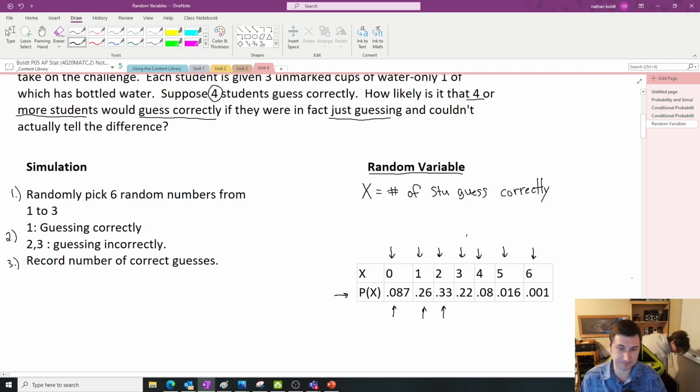Now, where do those numbers come from? You can't get there yet. I was able to calculate those numbers using what's called the binomial theorem. We'll get there in section 6.3, I do believe. But what we call this whole table is a probability distribution.